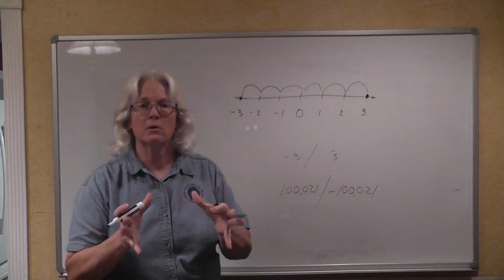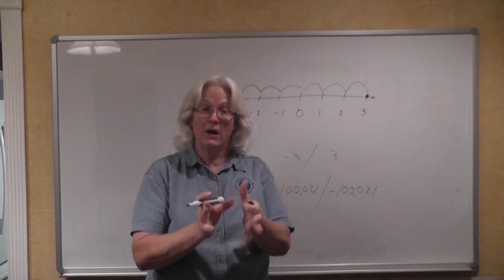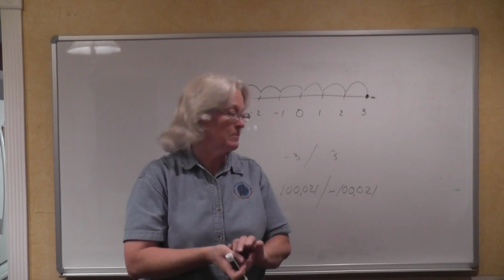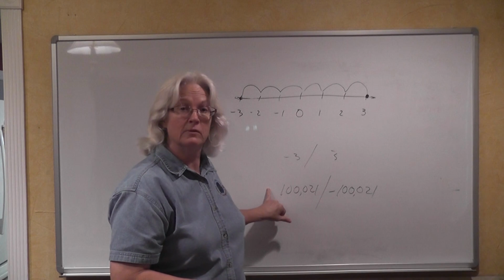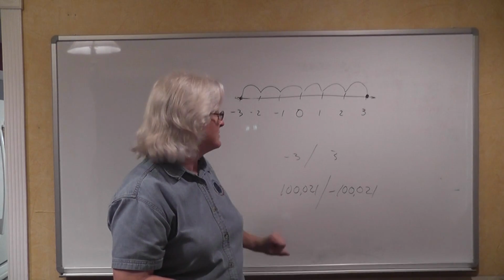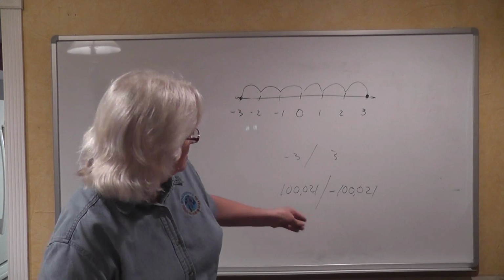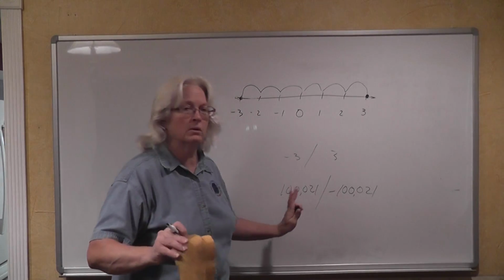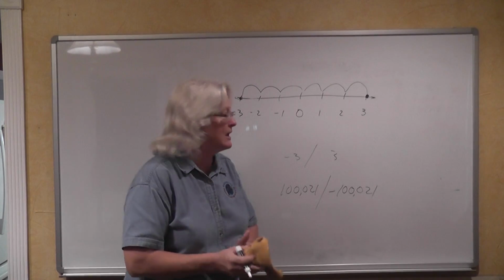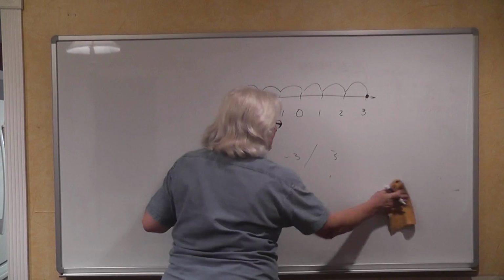So opposites, in our minds, the numbers look exactly the same, but one of them is positive, and we don't show that positive sign. One of them is negative. And this is going to be important, understanding opposites and understanding negatives, when we add numbers together.